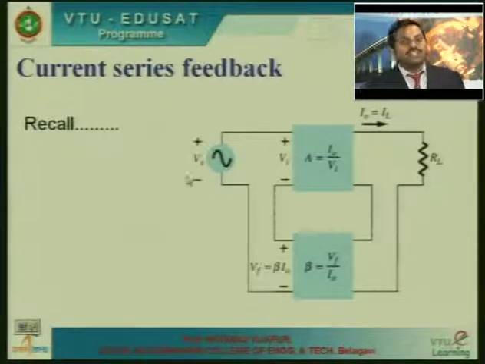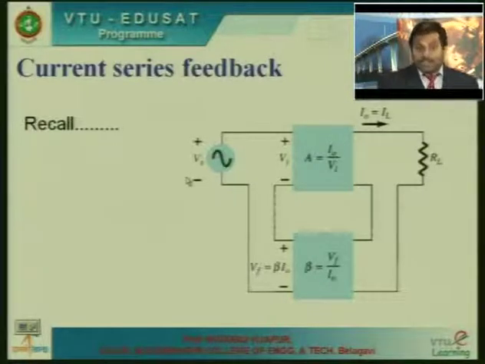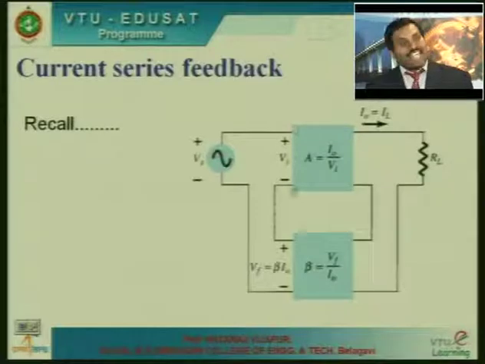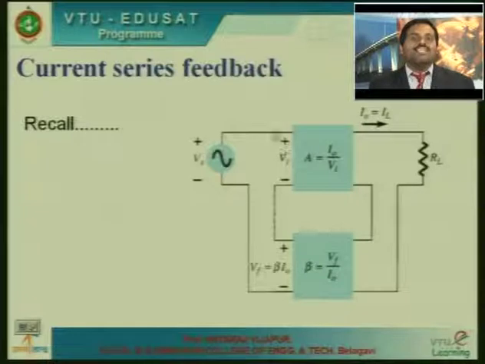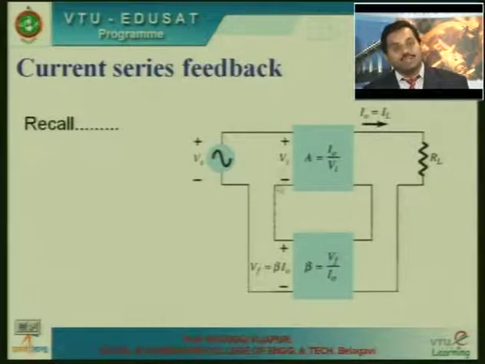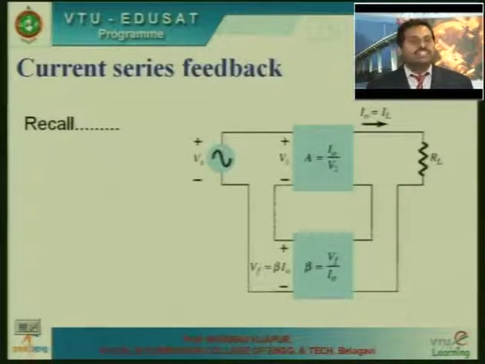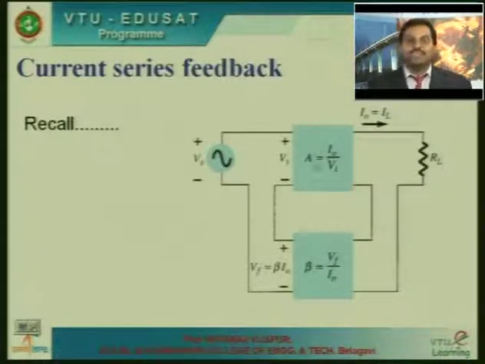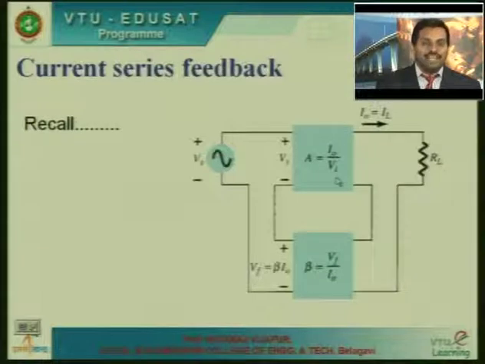Now we have to analyze this. You have an amplifier of which type? This amplifier is called a transconductance amplifier because it accepts input voltage and generates an output current in proportion to the input voltage Vi. So the open loop gain of this amplifier is put as I0 divided by Vi.